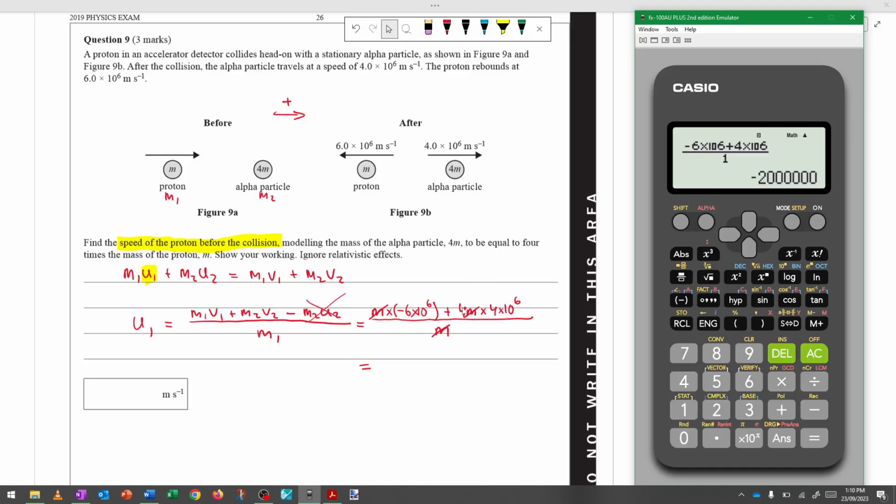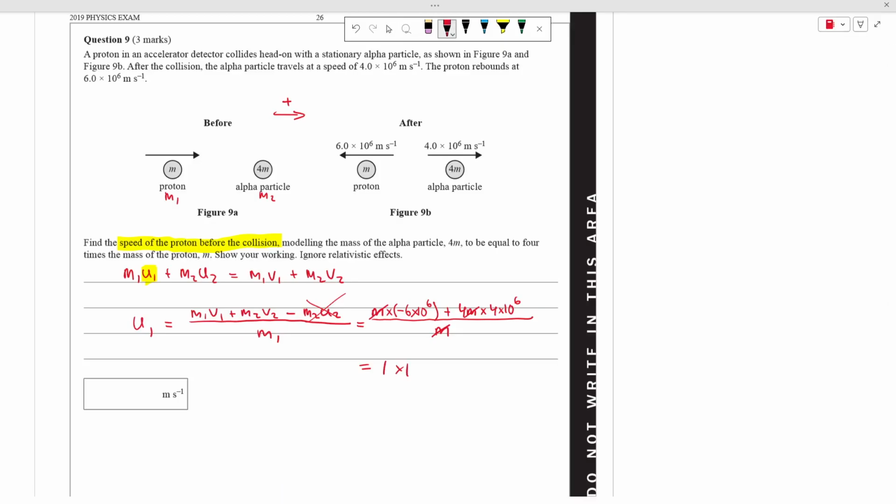There's a 4 here. I skipped that 4. So just 4 times 4 there. That's better. It's 1 times 10 to the 7. All right, there we go. Took me a second there. Cool. I hope that makes sense. Sorry for my little brain fart.